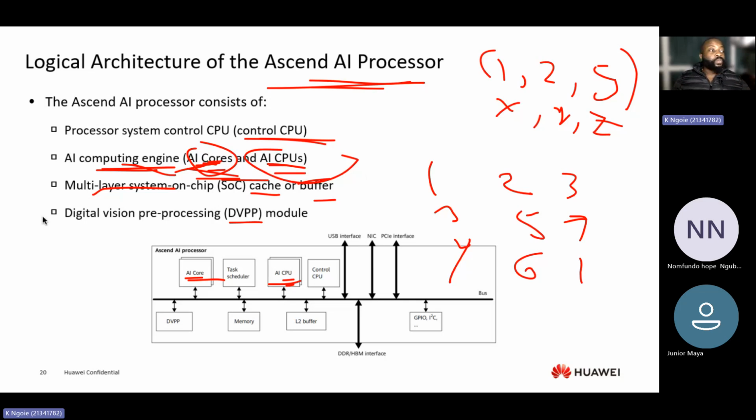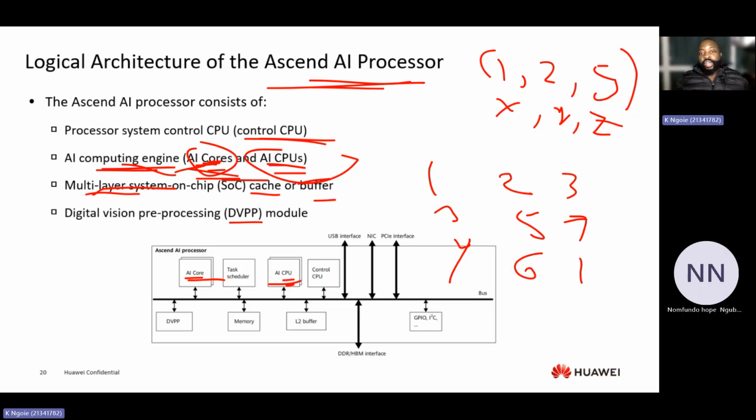All right, so now the next part of the architecture will be the multi-layer system on chip, or SoC, which means system on chip, right? This will basically be kind of a multi-level cache, which is built on the chip itself. That's why it's called system on chip architecture. So this system is built on the chip itself. Why does this system matter?